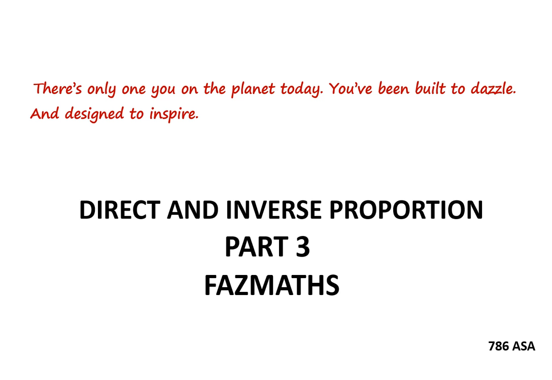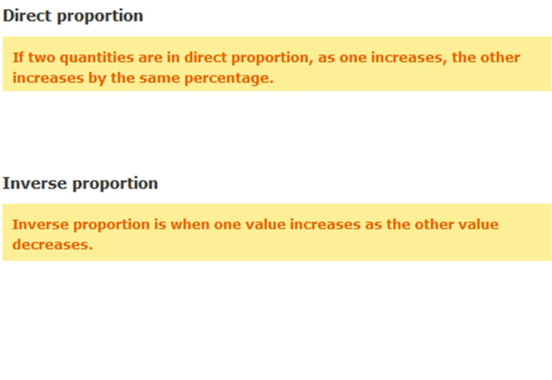Let's do some questions, but before, let's just have a recap. If two quantities are in direct proportion, as one increases, the other increases by the same percentage. So if y is in direct proportion to x, then you can write y equals kx.